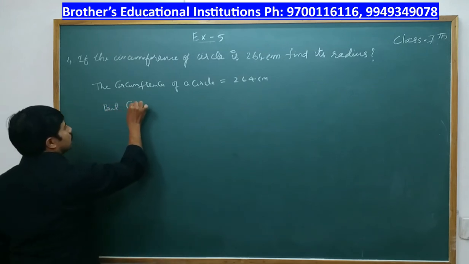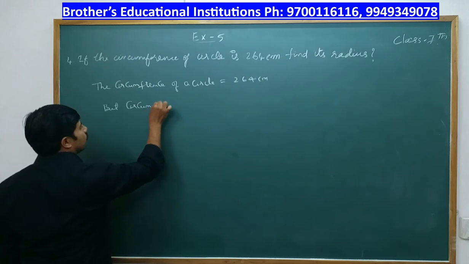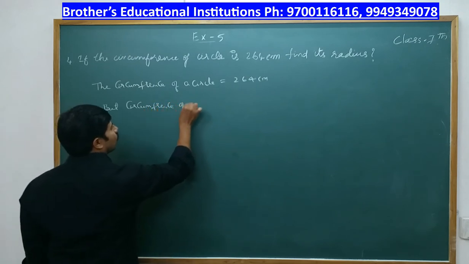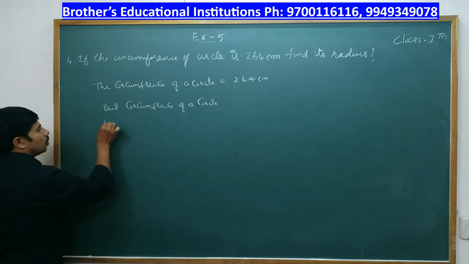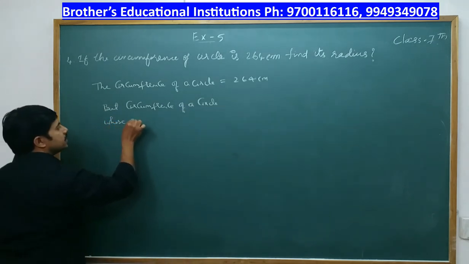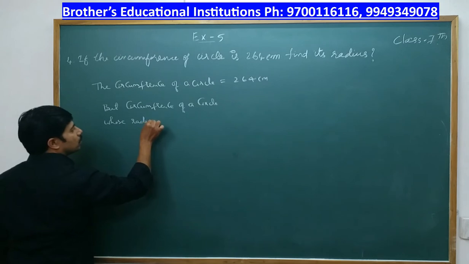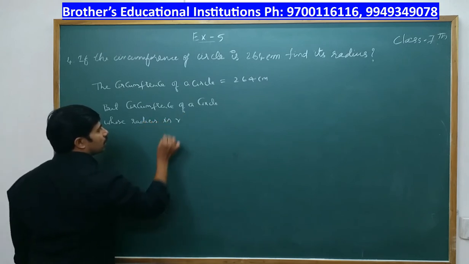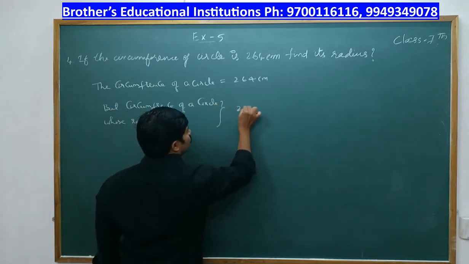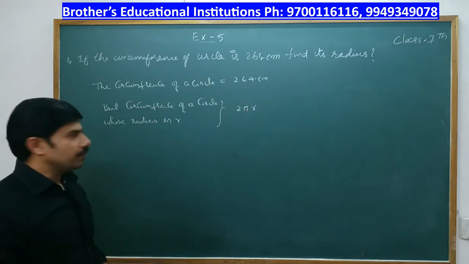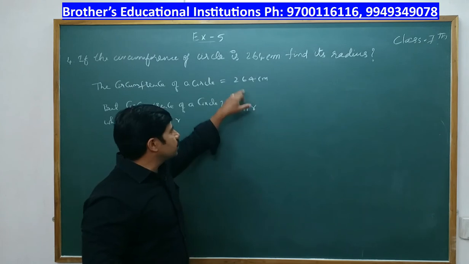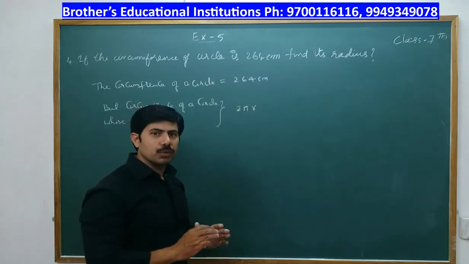It is nothing but 2 pi r. Okay. Now in order to find the radius, 2 pi r is the circumference, and 264 is also the circumference, that means both are the same.